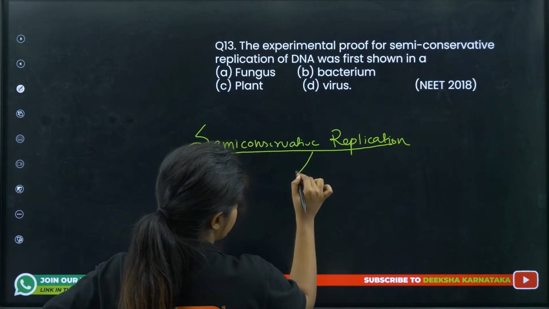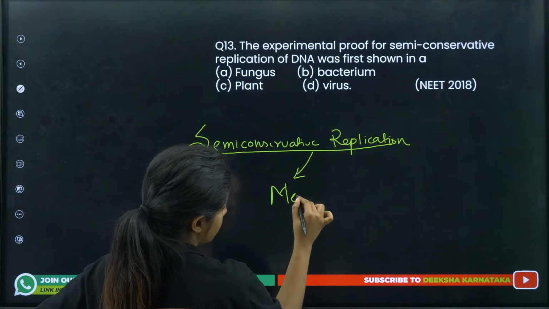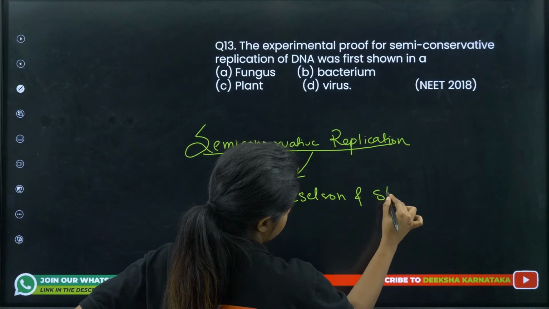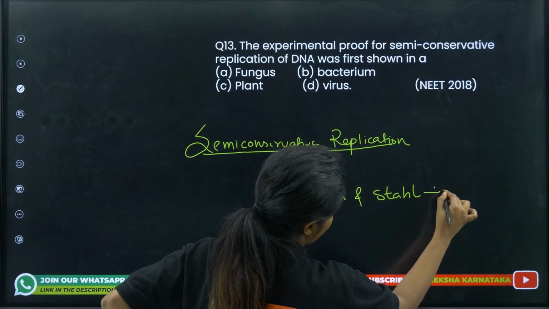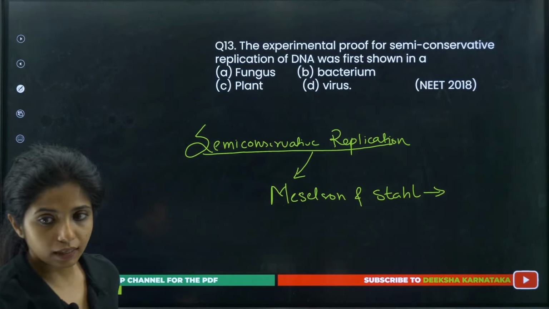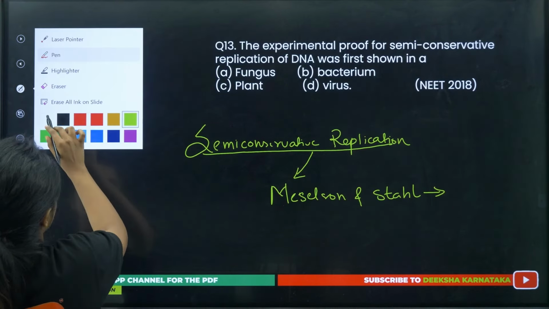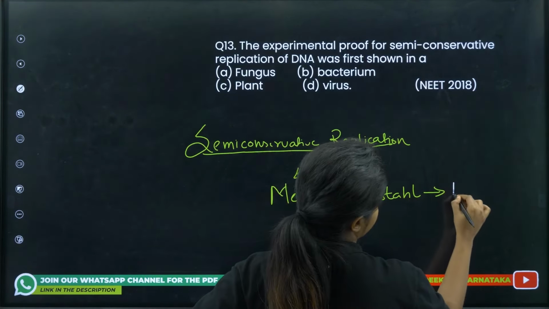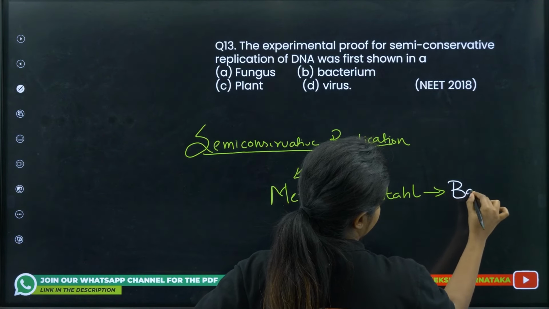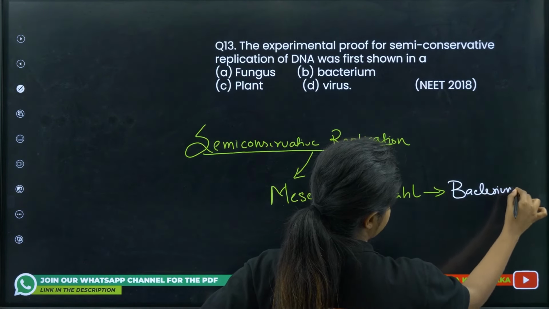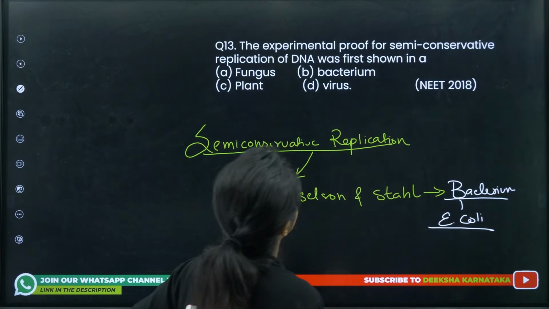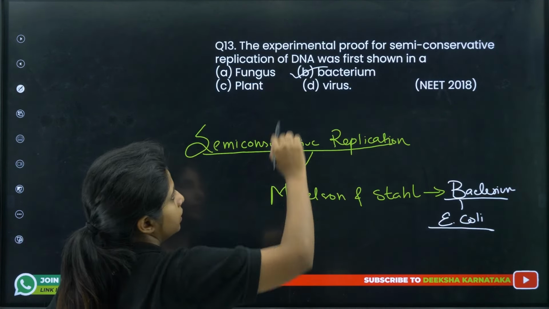So this was done by Meselson and Stahl, and it was on none other than, what do we have over here? We have a bacterium, that is E. coli. Okay, this is the answer.